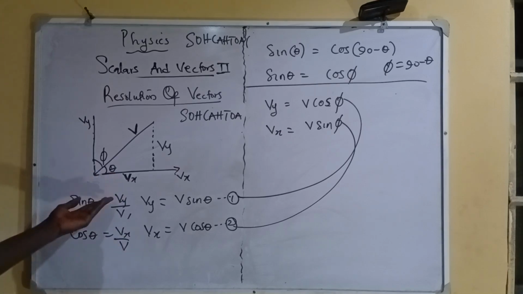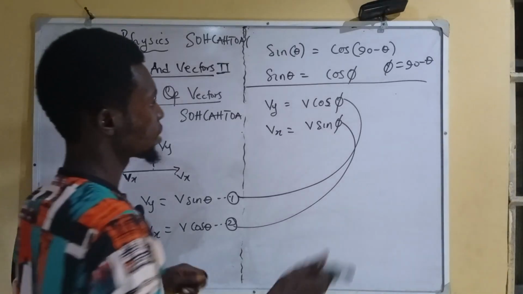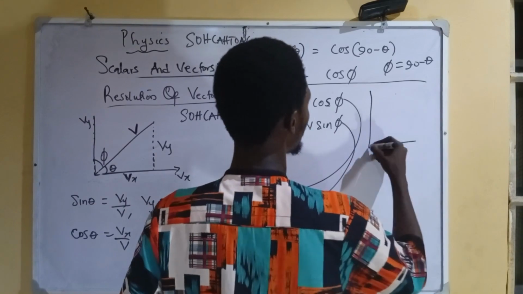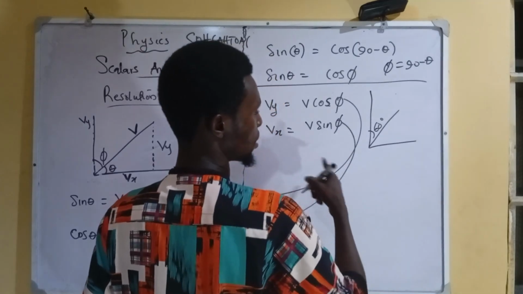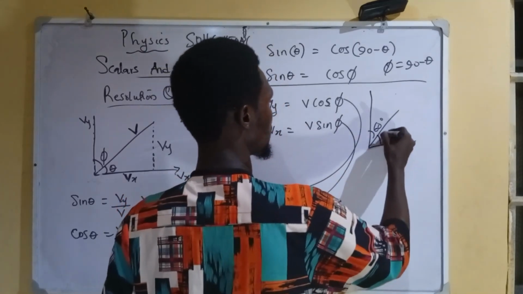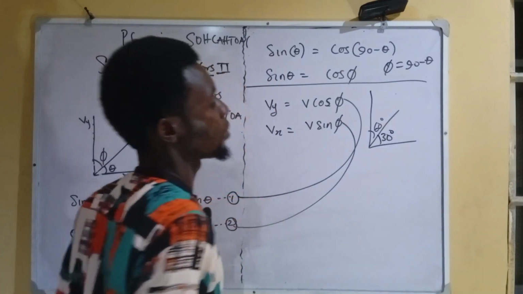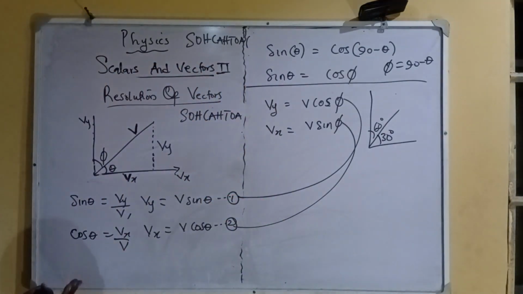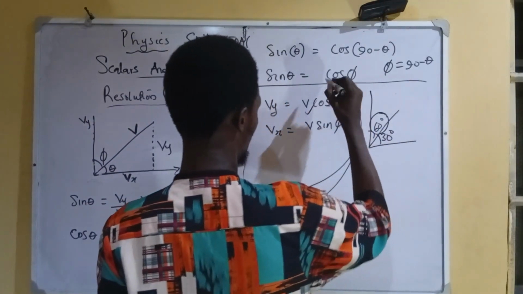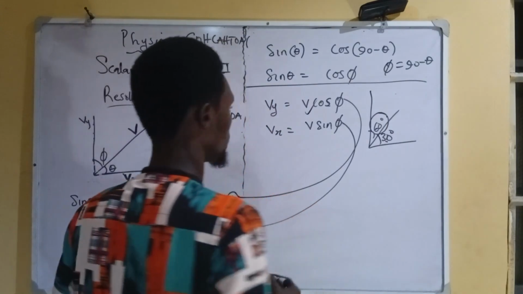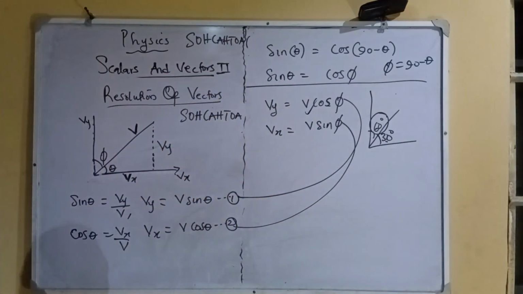Also, it's very simple: if you know that the angle is 60 degrees from the vertical, you know that the horizontal will be 30 degrees. Simple as that. So it's as simple as that.